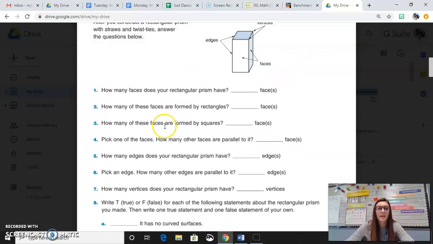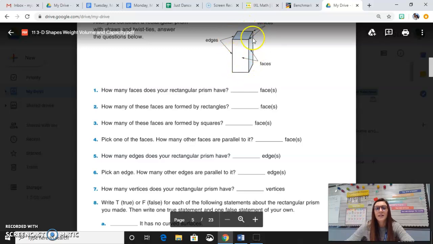So for number 1, it says how many faces does your rectangular prism have? It's not always going to show you all the faces. You need to pretend that this is just out sitting in the open and you can turn it and see the faces. So here I can see 1, 2, 3 of the faces, but you need to remember that on the back side of this, there's also faces.